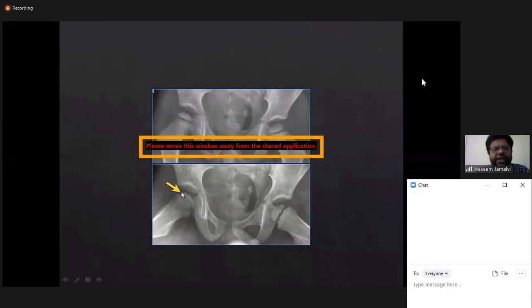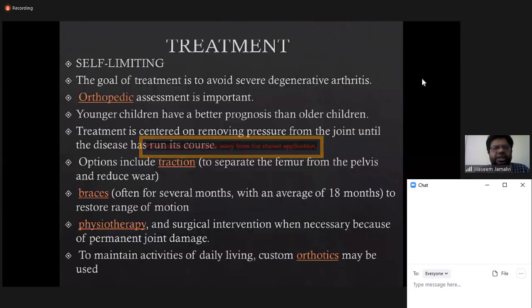This indicates that the head of the femur is not properly formed, maybe because of decreased blood supply, and this is the ultimate diagnosis of Legg-Calvé-Perthes disease. So how do we treat? Usually, it is a self-limiting disease.